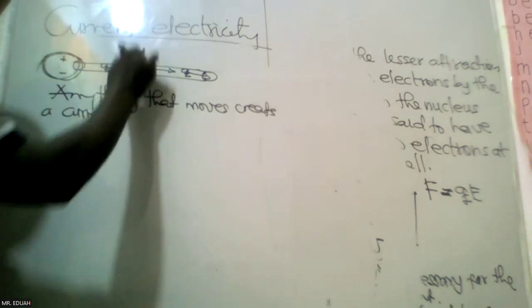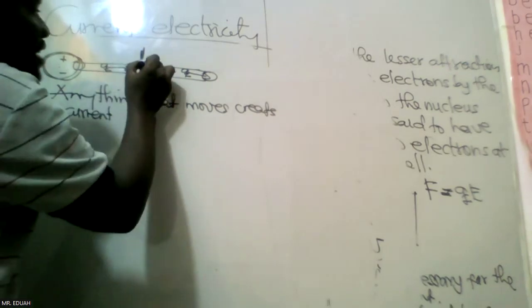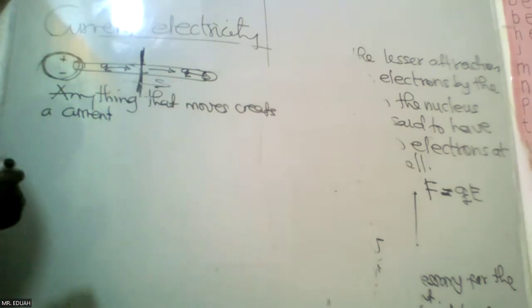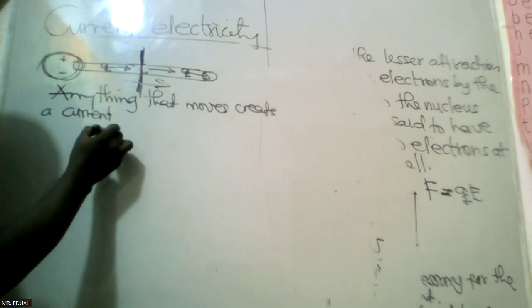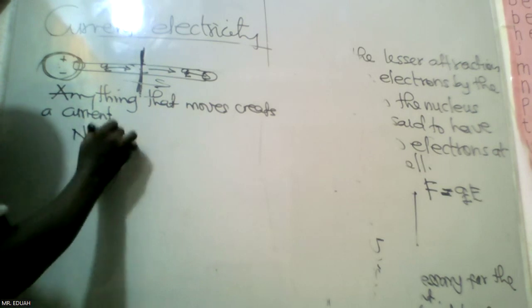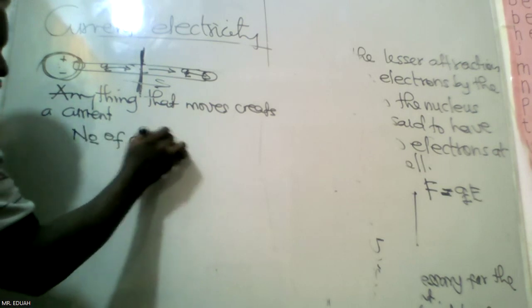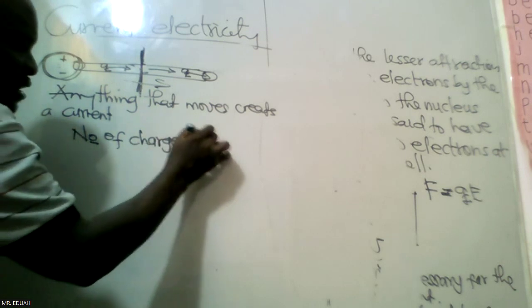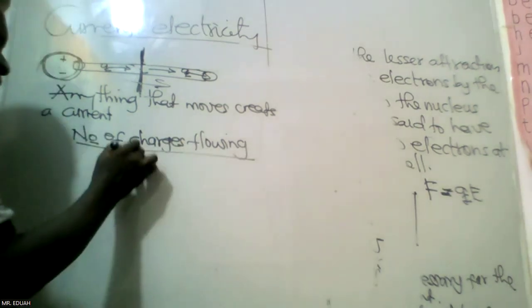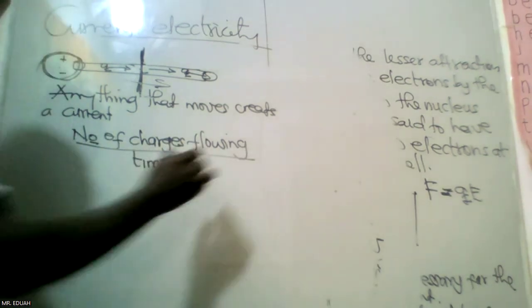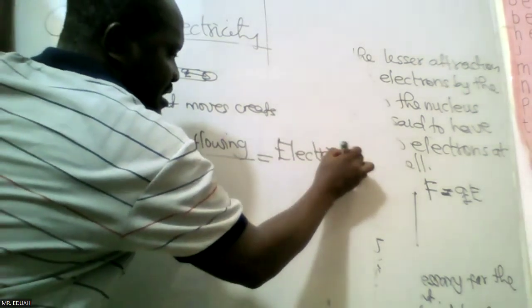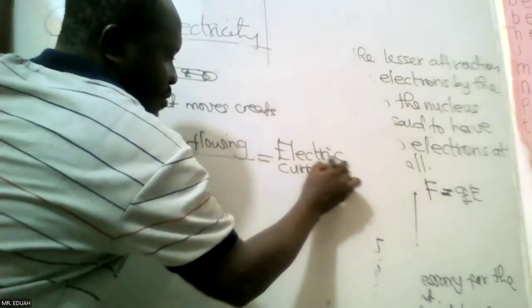So a measure of the number of charges flowing, divided by a given time, is what we call electric current.